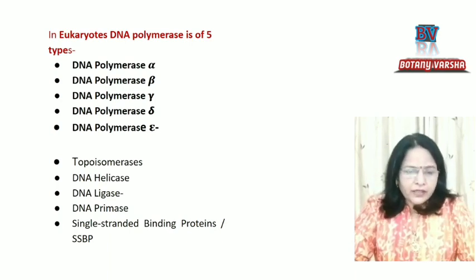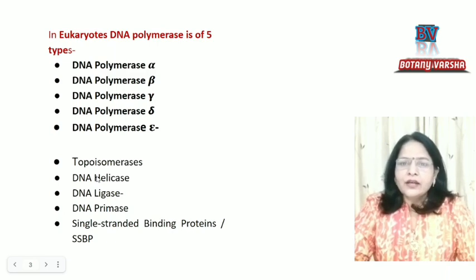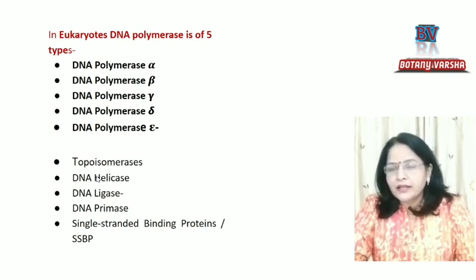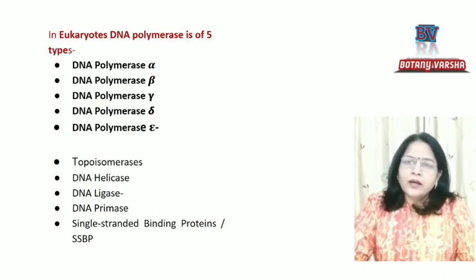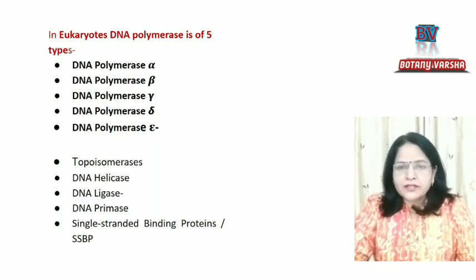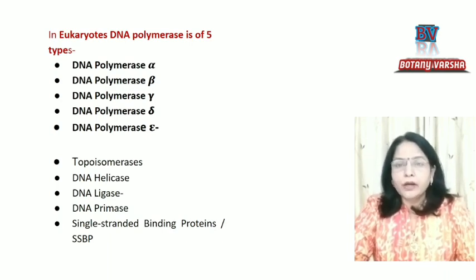And next one is DNA helicase. DNA helicase helps in unzipping the DNA strands by breaking the hydrogen bonds between the nitrogenous bases. Thus, it helps in the formation of the replication bubble and replication fork.